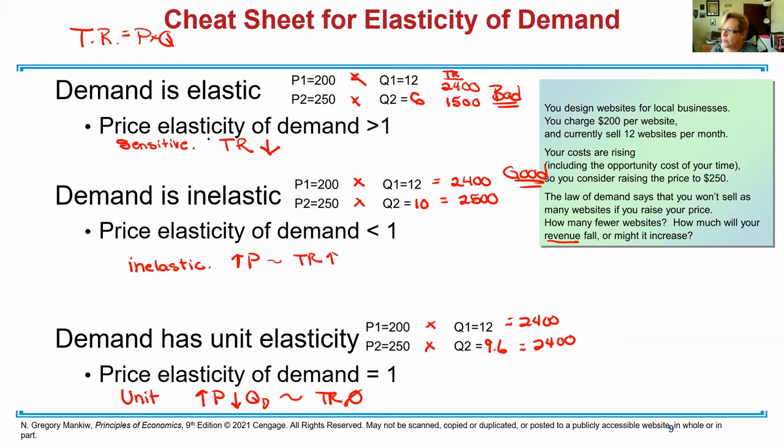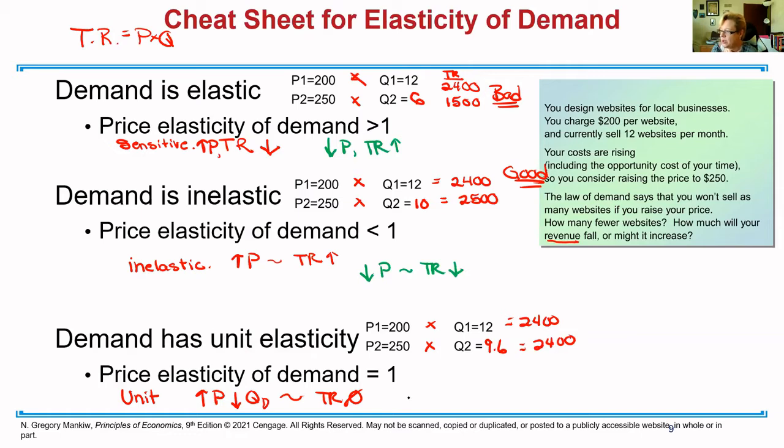Okay, I just want to add, we increase the price here. And just to make sure you understand, remember the opposite is always true when I draw arrows. So if we were to decrease the price, then the total revenue would increase in an elastic demand situation. If we were to decrease the price, then total revenue would decrease in an inelastic situation.